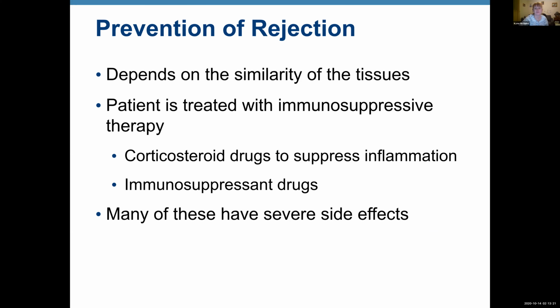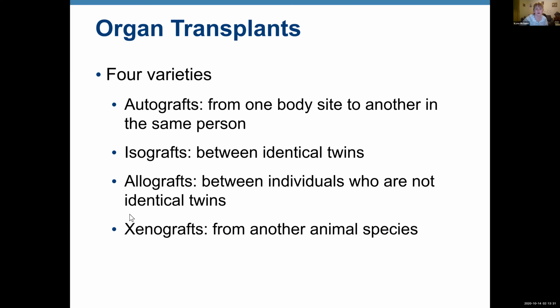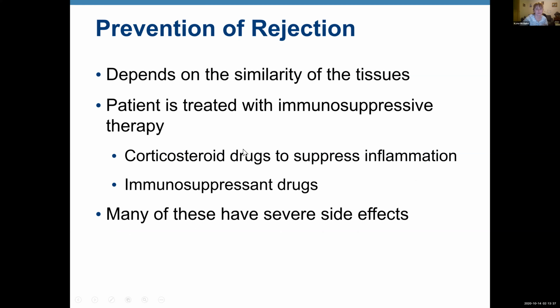So, prevention of rejection. Of course, when we have any graft, there will be some type of rejection, with the exception of autograft. But even an isograft can sometimes be rejected, though of course far less. So rejection depends on the similarity of the tissues.